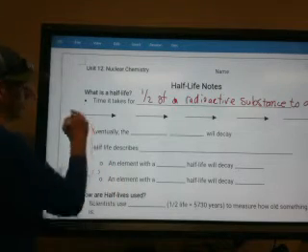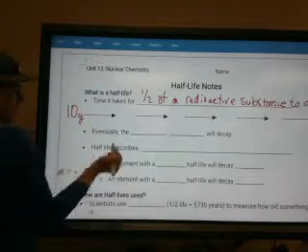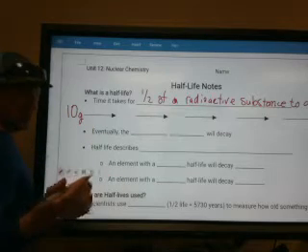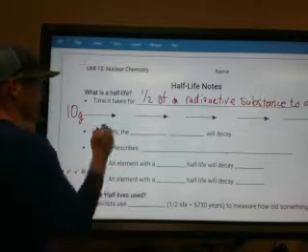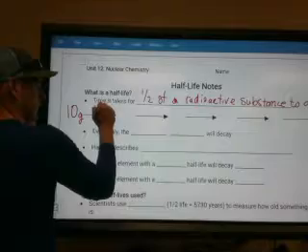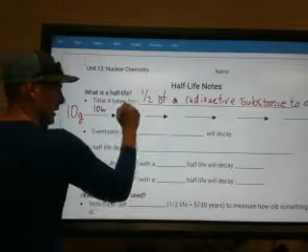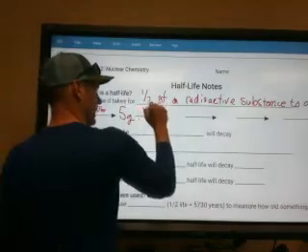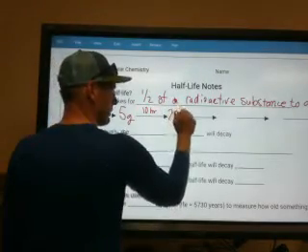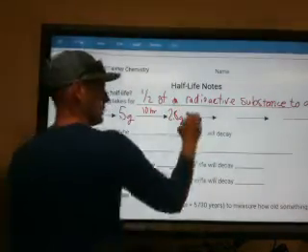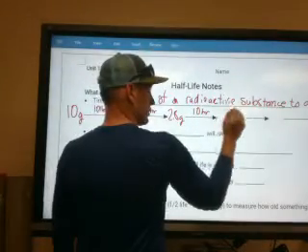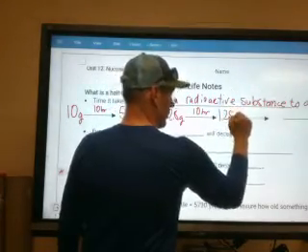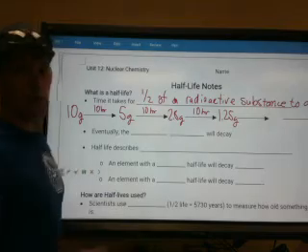Okay, so for example, let's say that we started out with 10 grams of something, and let's use that 10 hours as a half-life time. So after 10 hours, we would have 5 grams of that sample. After another 10 hours, we would have 2.5 grams. After another 10 hours, we would have 1.25 grams, and so on and so forth.